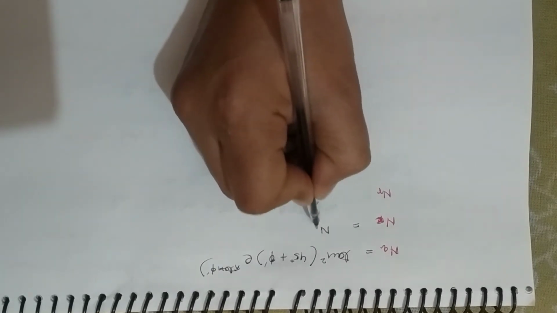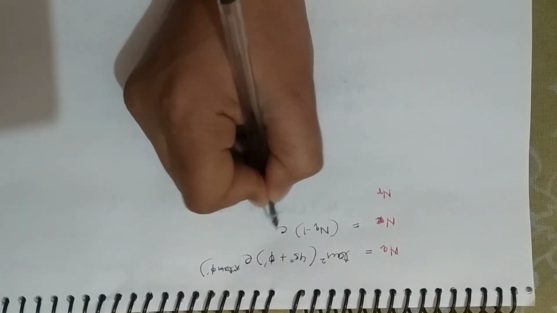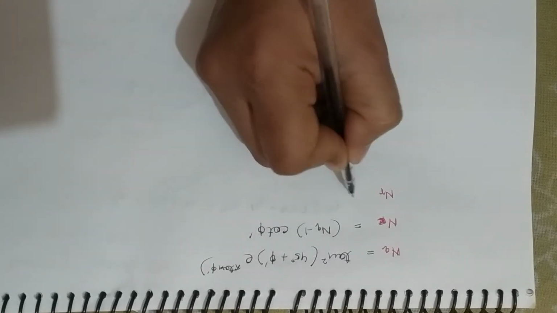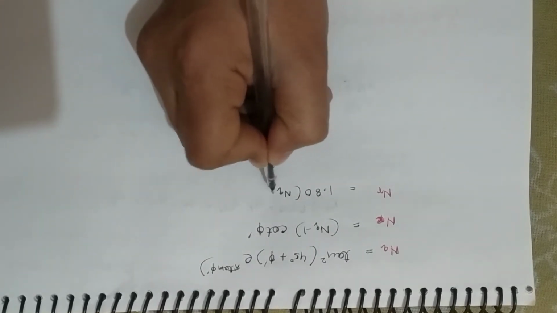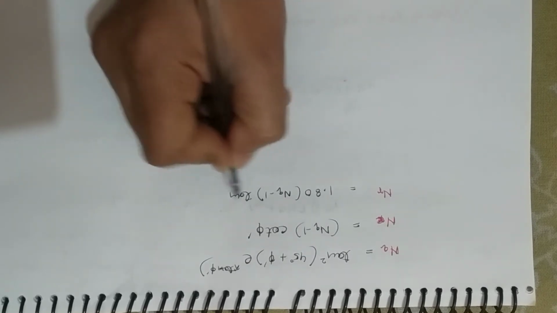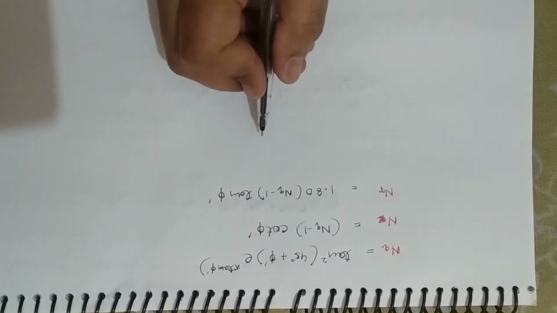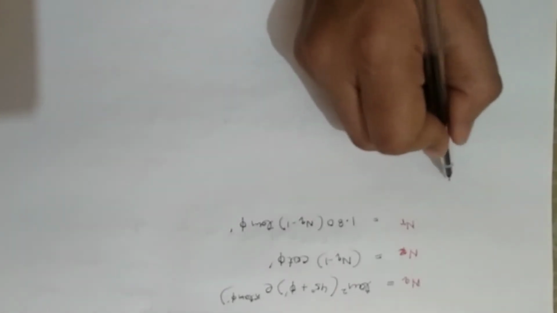Nc is equal to (Nq minus 1) cot phi dash, and N gamma is 1.80 (Nq minus 1) tan phi dash. And shape factors.